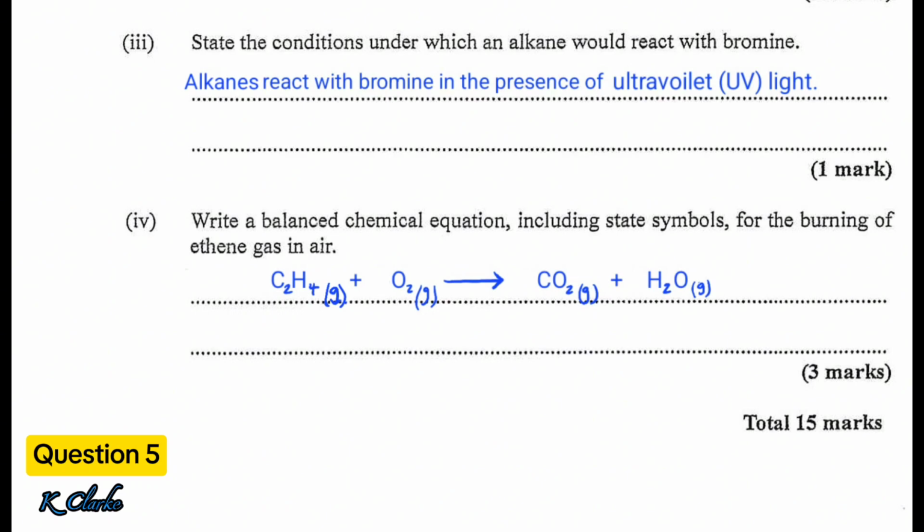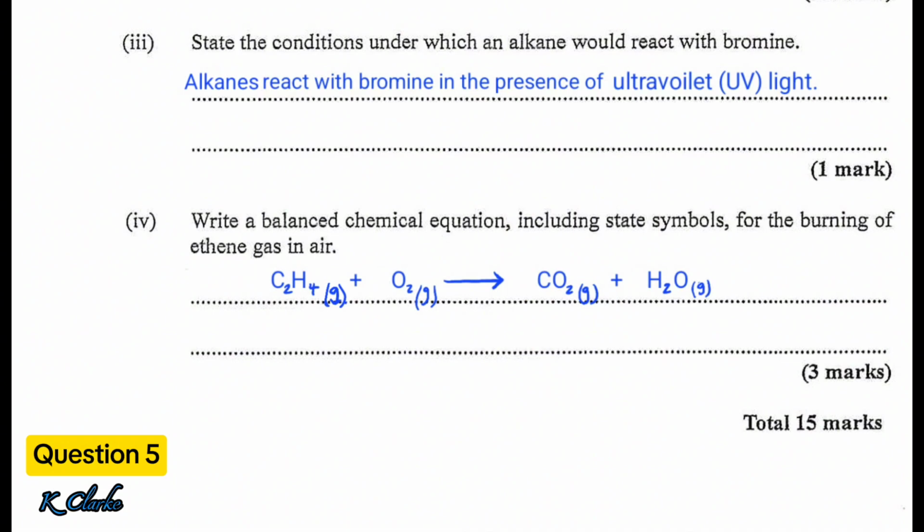This equation is not balanced since there are 4 hydrogens on the reactant side while 2 hydrogens on the product side. There are 2 carbons on the reactant side while 1 carbon on the product side.